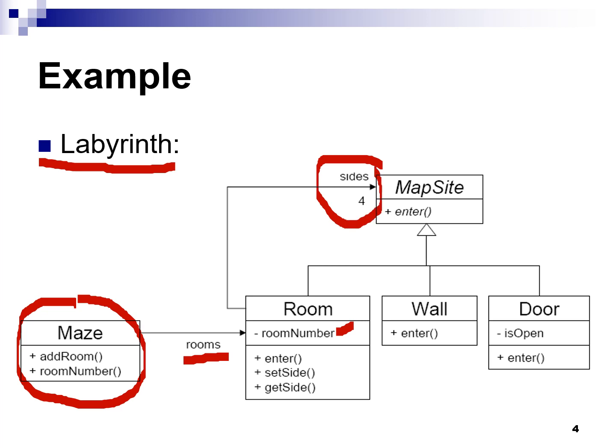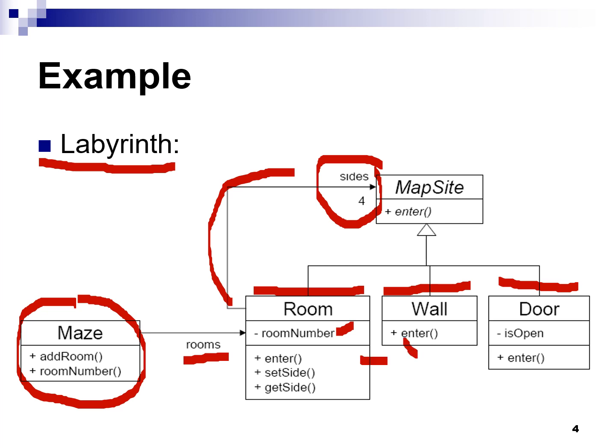In each side you can have a wall, you can have a door, or you may have another room. So you see here, this looks like an example of a composite pattern, right? And then in every element you have a method to enter that is overridden in the different classes.